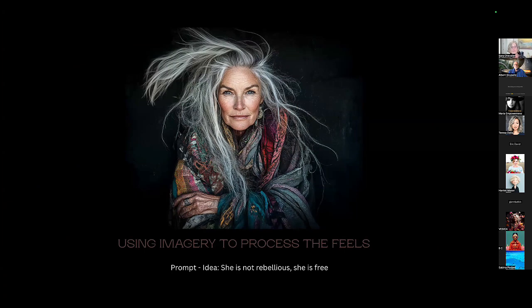So this was really just a concept I did. That was my prompt: she is not rebellious, she is free. I was like, what does that look like? Like, I'm rebellious. People think, oh, when you're rebellious, you get this label, but I'm like, rebellious just means being yourself.